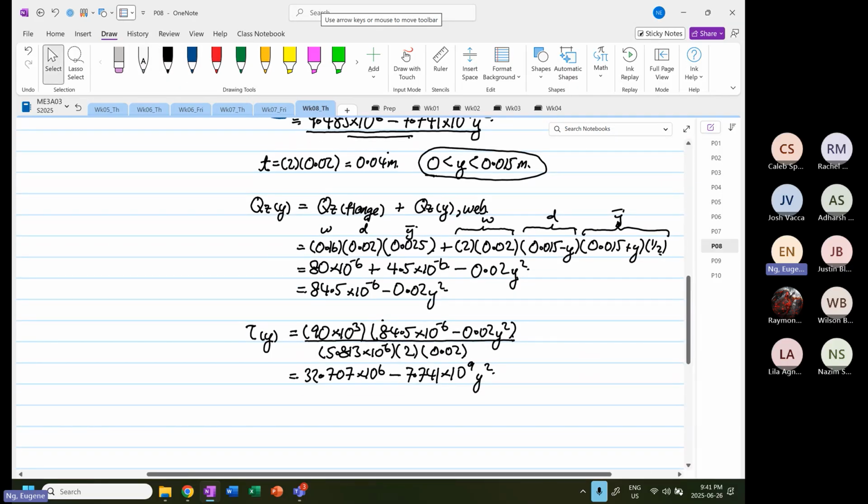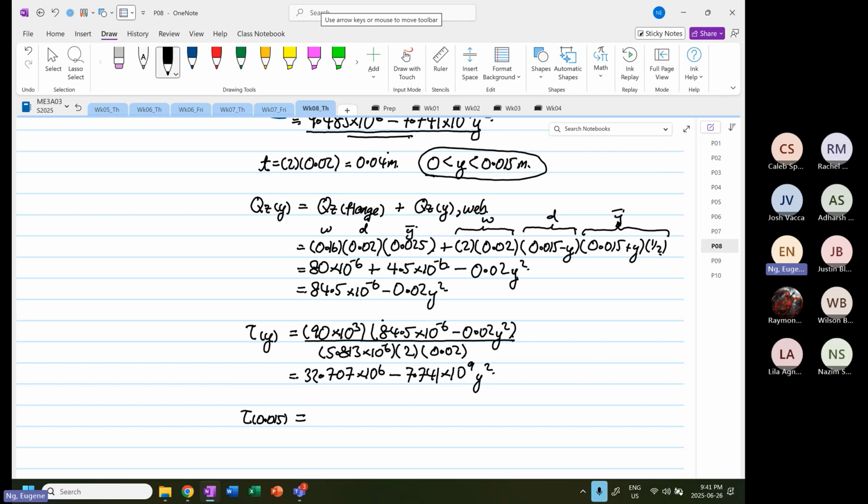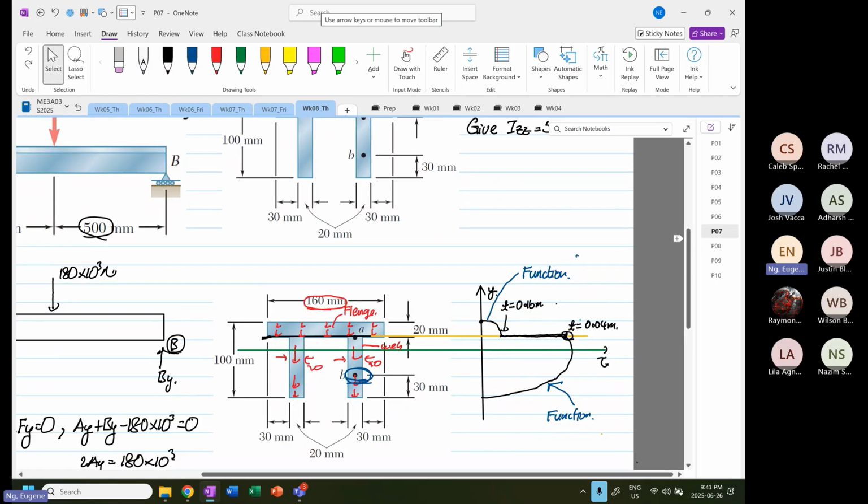So how do we know this is correct? What we're going to check is to substitute y equal to 0.015 into the shear stress. So this will be equal to what?